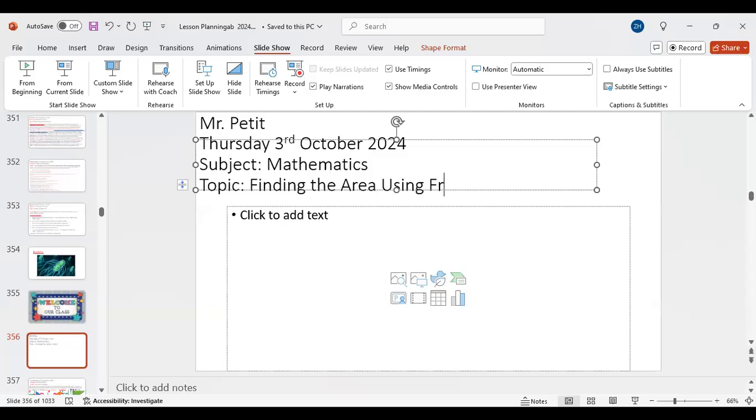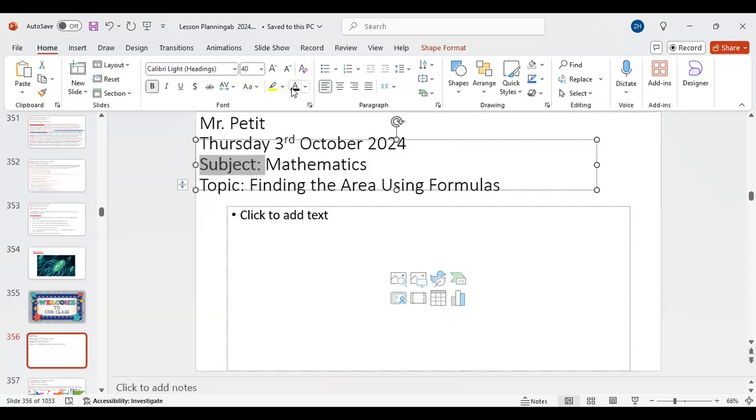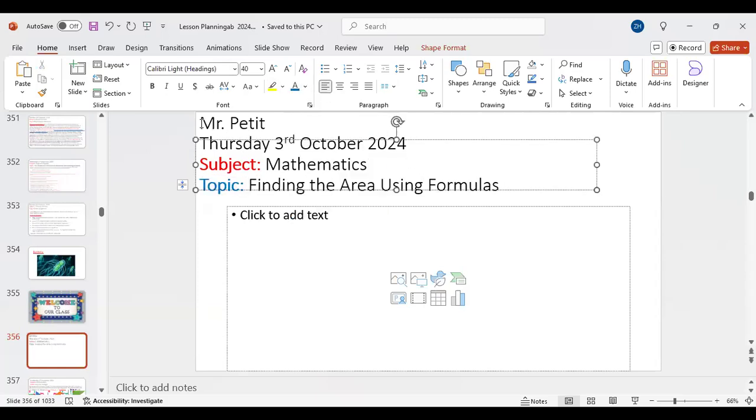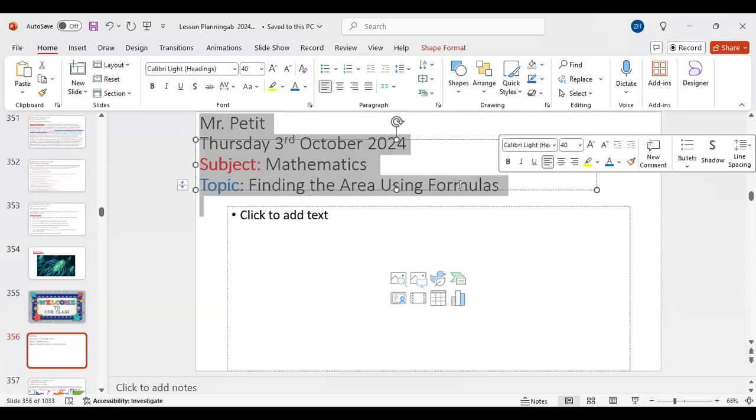Yesterday we found the area using grids, and all you had to do was count. But today we're going to look at how we can find the area of a particular shape, typically a polygon, by using the formula associated with that shape. That's what we're going to be looking at for today's class.